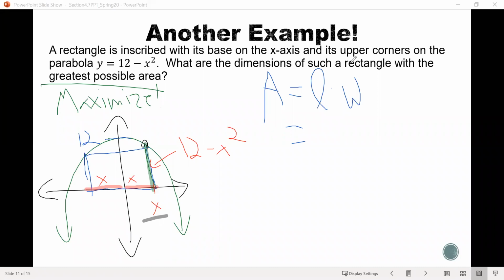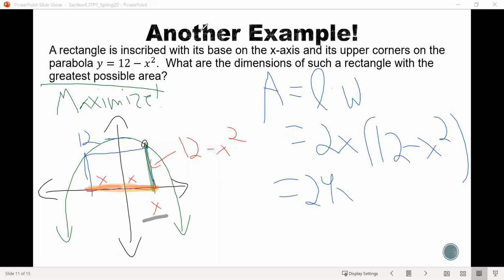And here our length is going to be that entire side along the bottom, which is going to have a length of x plus x, which is just 2x, times the width now, which is that height there, which is going to be the 12 minus x squared. We can multiply this out and get 24x minus 2x cubed for our area formula.